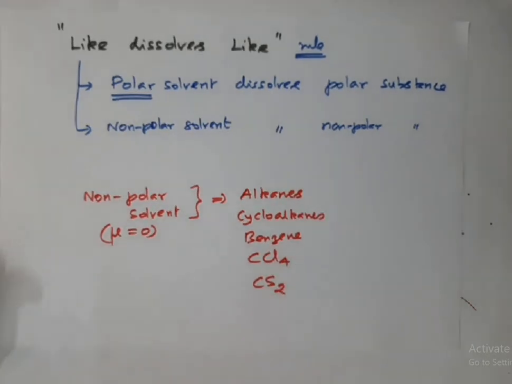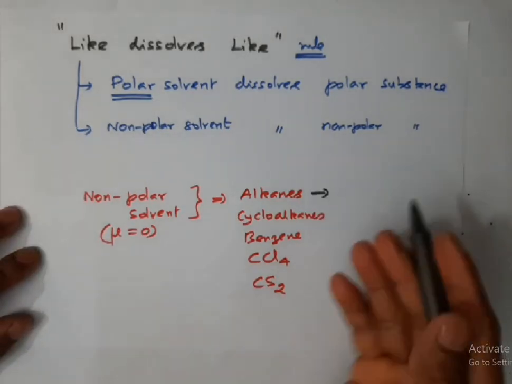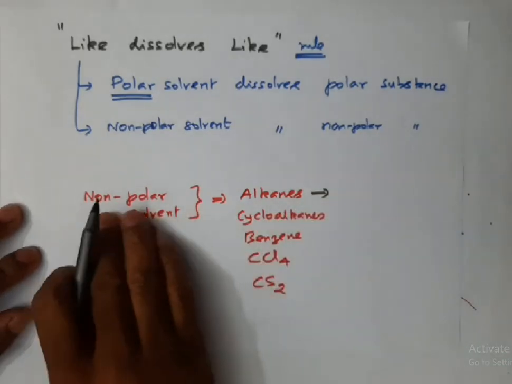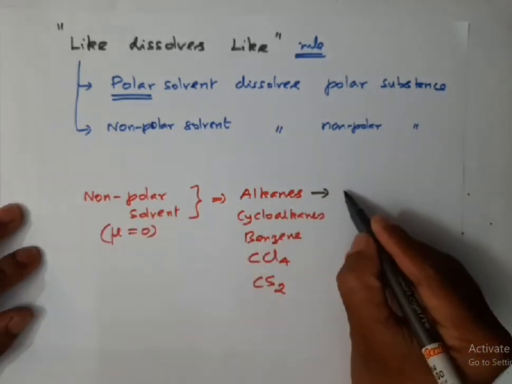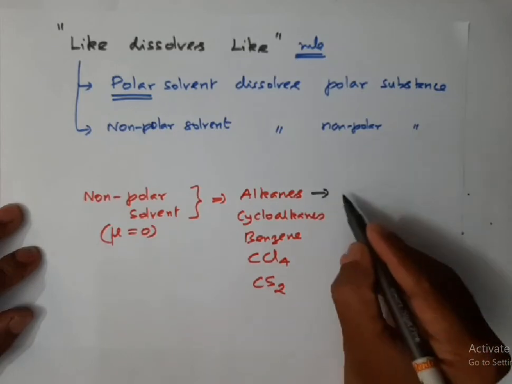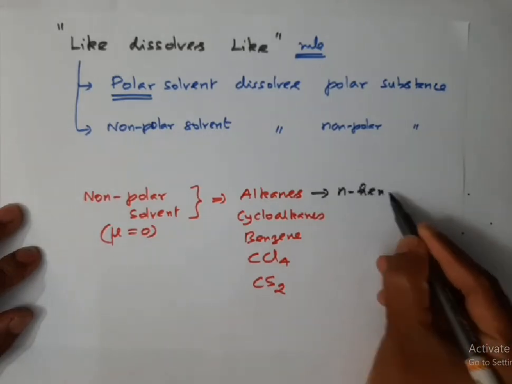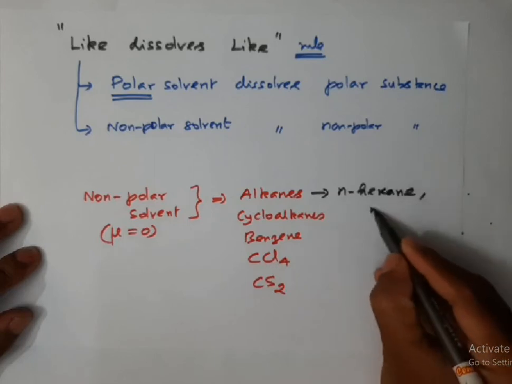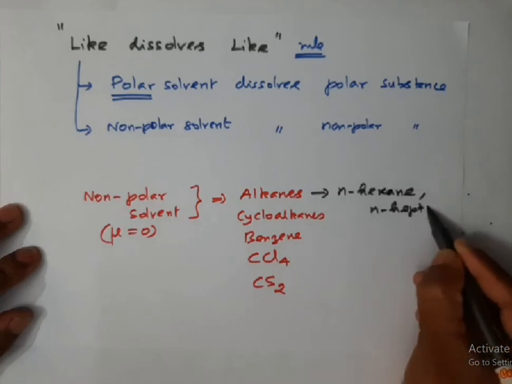These are a few examples. Alkanes means all alkanes. Very specifically, for solvents we use n-hexane, which is a liquid, and n-heptane.